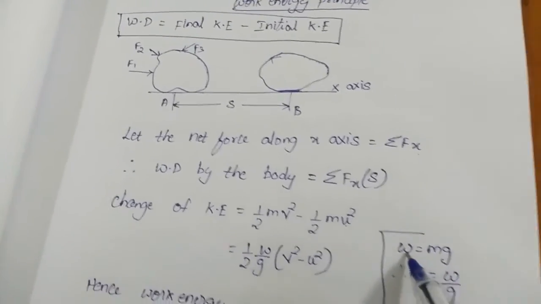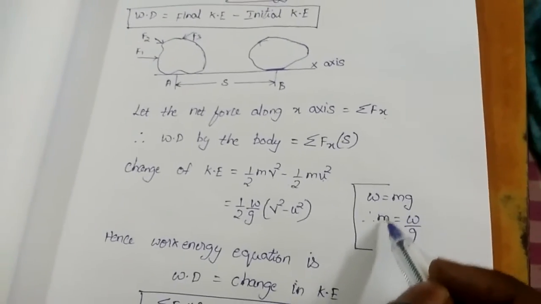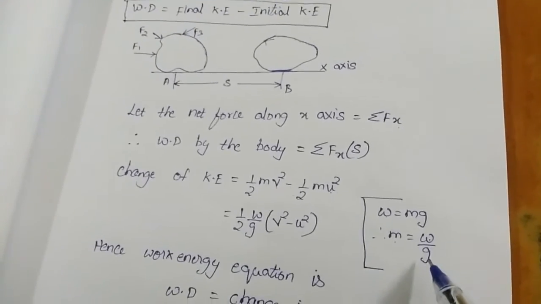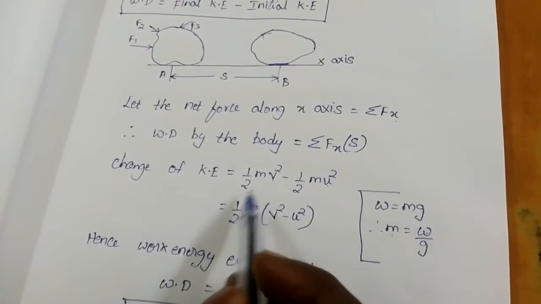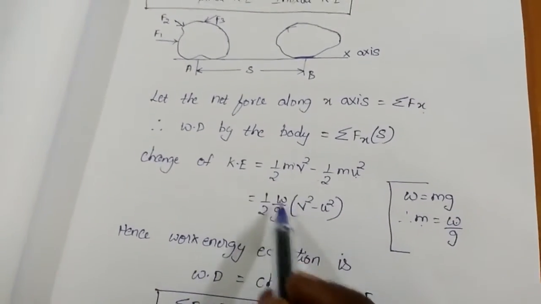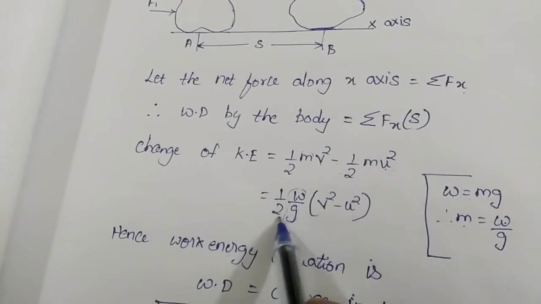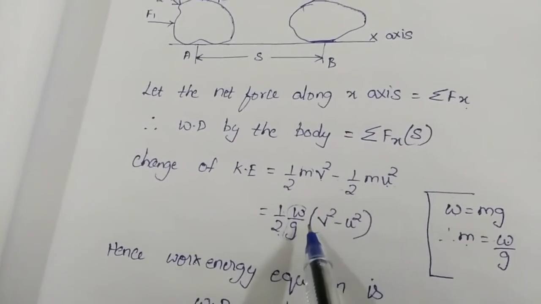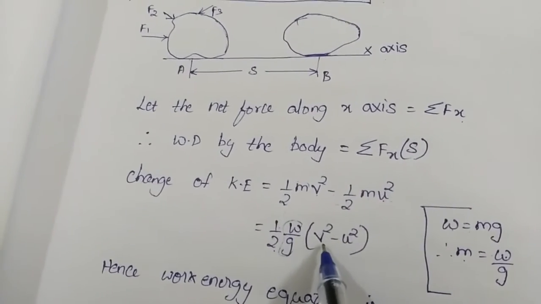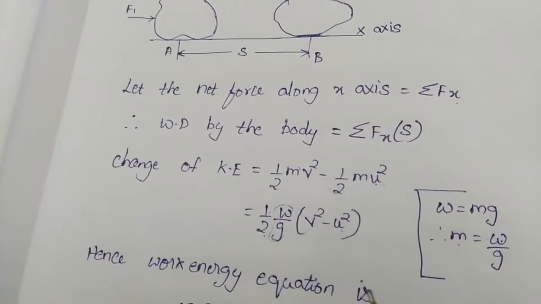So we know that W equal to mg. From this, m equal to W by g. If you substitute W by g instead of m, we get the equation as half into W by g into v square minus u square.